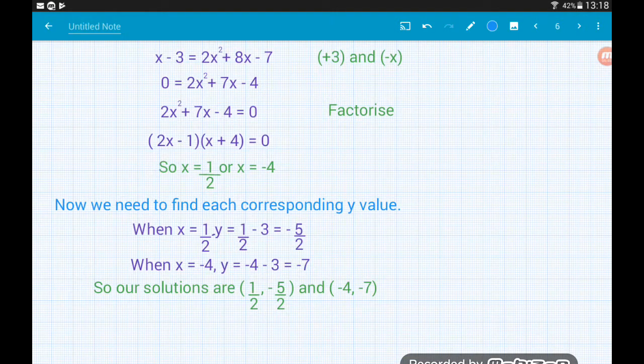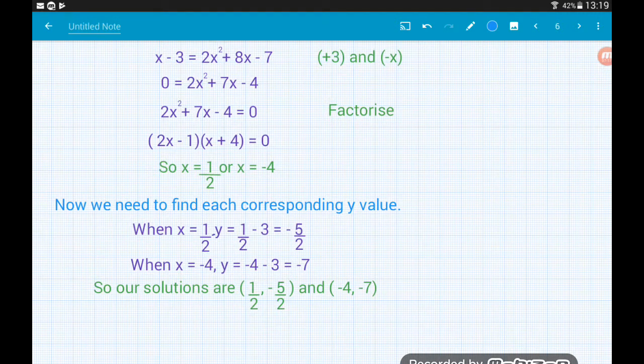To solve a quadratic equation, we need everything to be on the same side together with a nice big fat 0 on the other side. So first of all, we're going to move the x and the minus 3 over to the right. So we're going to add the 3 and subtract the x. That's going to leave us with 0 on the left equals 2x squared plus 7x minus 4.